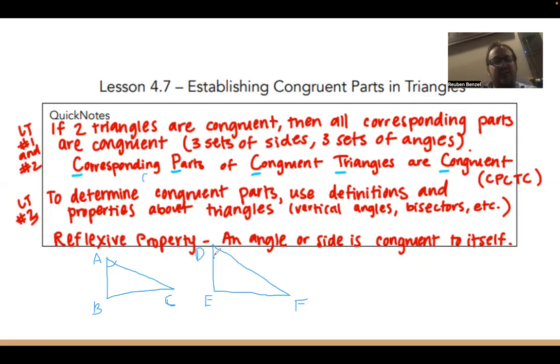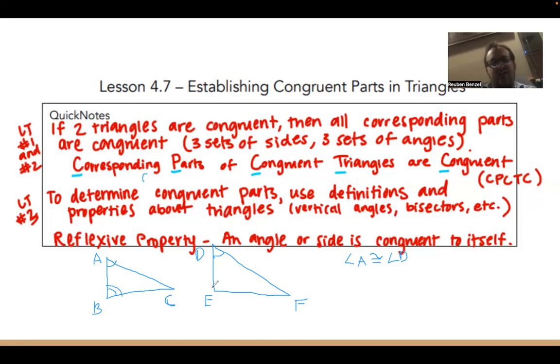For instance, A and D match with each other, so I could say that angle A is congruent to angle D. If I want to make things that are congruent, same shape, same size, I want those angles to be equal to each other. So I mark it in the diagram as such.